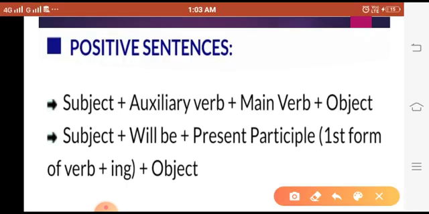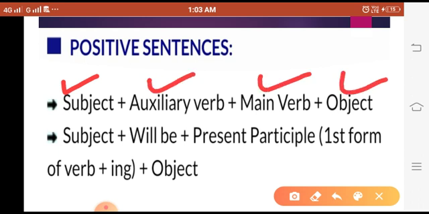Now, here is given the sentence structure of positive sentences of future continuous tense. First, we write subject, then auxiliary verb, then main verb, and then object. Subject can be noun or pronoun, it can be singular or plural. Auxiliary verb, which is used while forming sentences in future continuous tense, is will be.